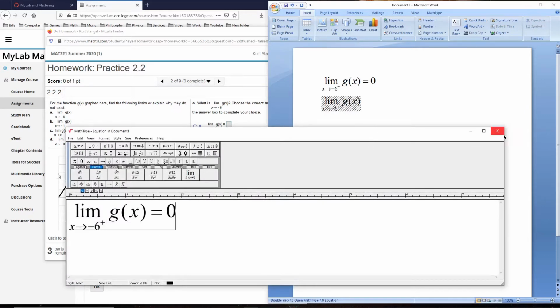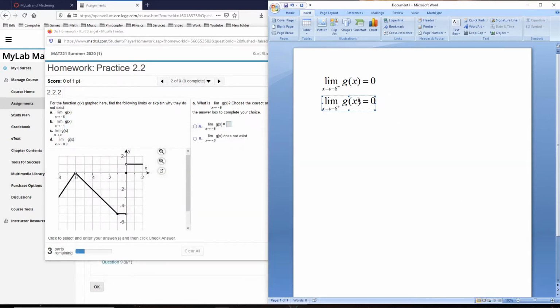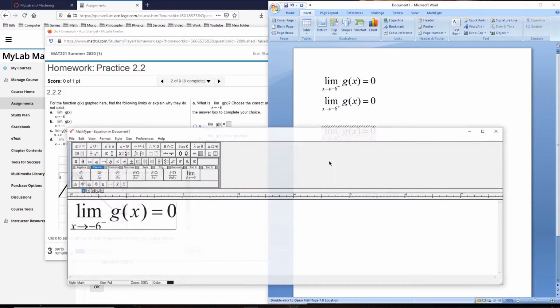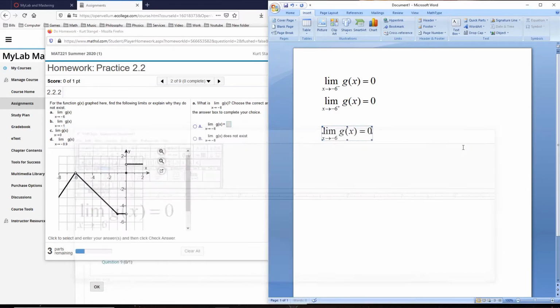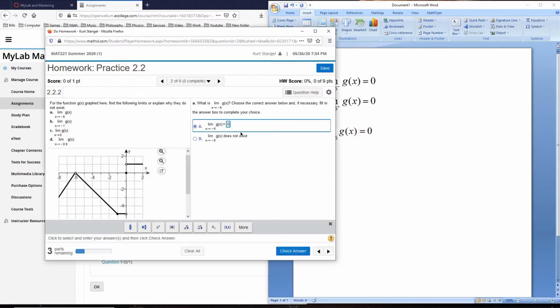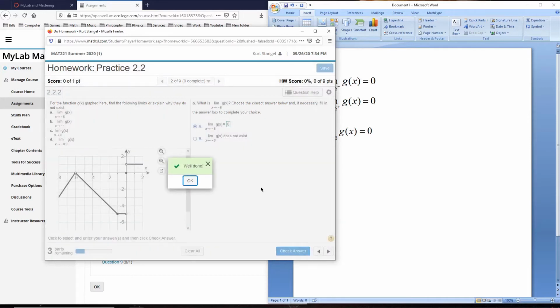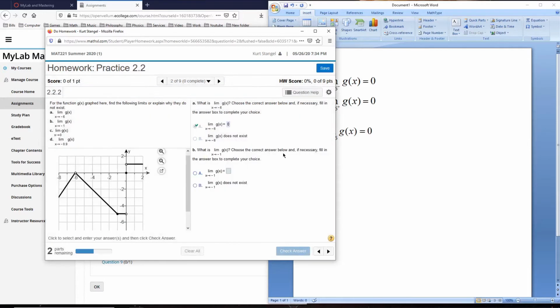And we see then that the left and the right are equal. And so then we can conclude the two-sided limit exists and it is 0. And that's our answer. Stick that in the box, hit check answer, and move on to the next part.